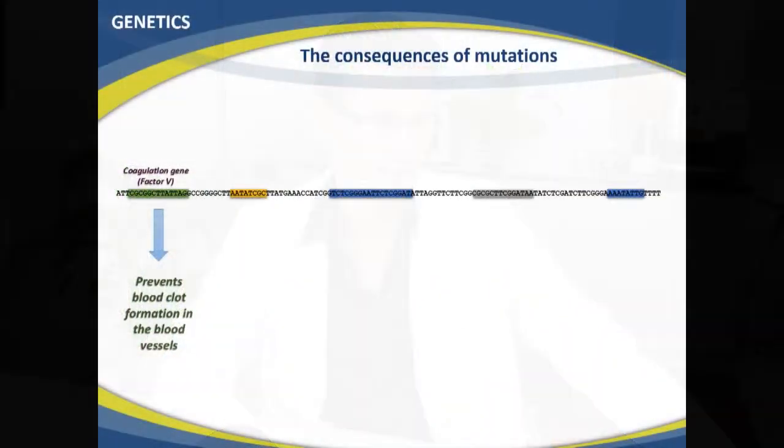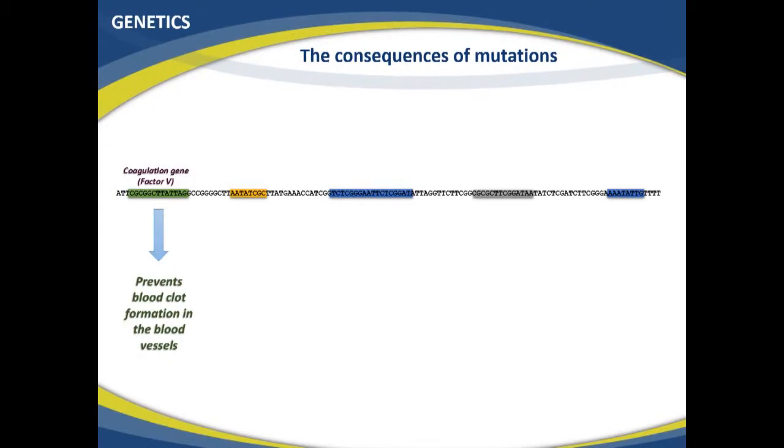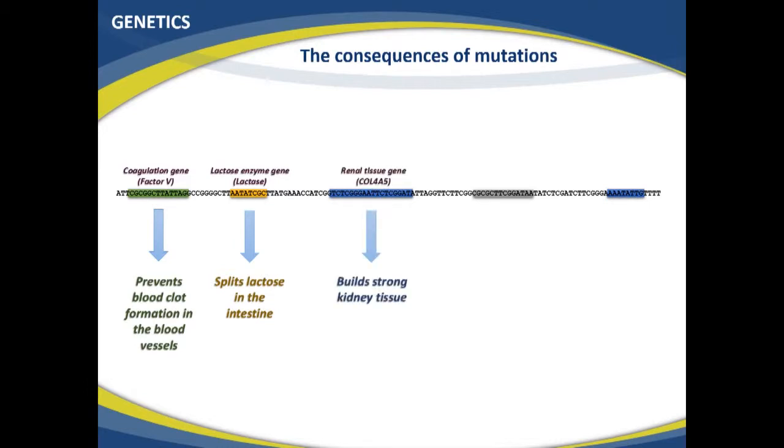Okay, now let's look at a few different genes, and let's have a look at what mutations can do to our body. So as I said, there's a coagulation gene, factor 5, which prevents blood clot formation. The lactase gene splits up lactose in our intestine. There's a renal tissue gene called COL4A5, which builds strong kidney tissue, so that the kidneys can work and remove toxins from the body.